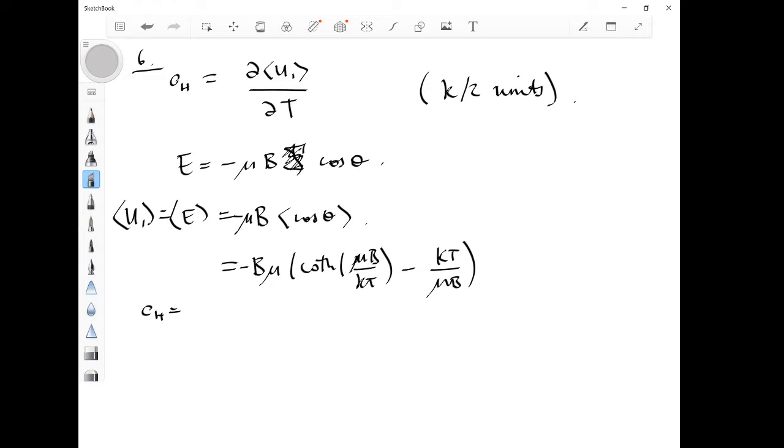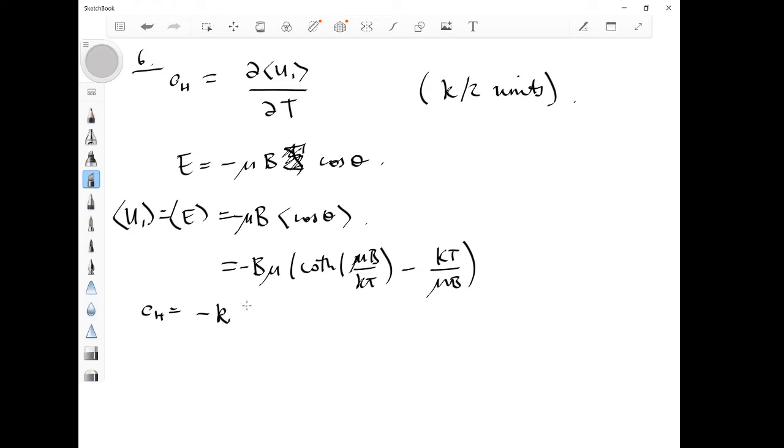And that is going to be equal to minus K mu B cos. Did I miss something? No, it's fine.